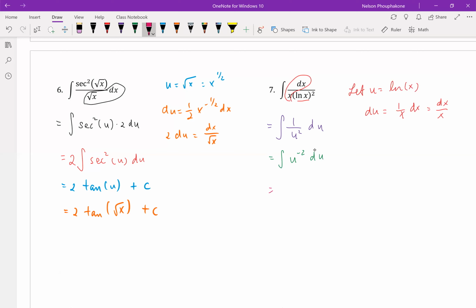So I will have u to the negative 1 over negative 1 plus c. And of course, I will have negative u, which is natural log of x, the whole thing raised to the power of negative 1, plus c.